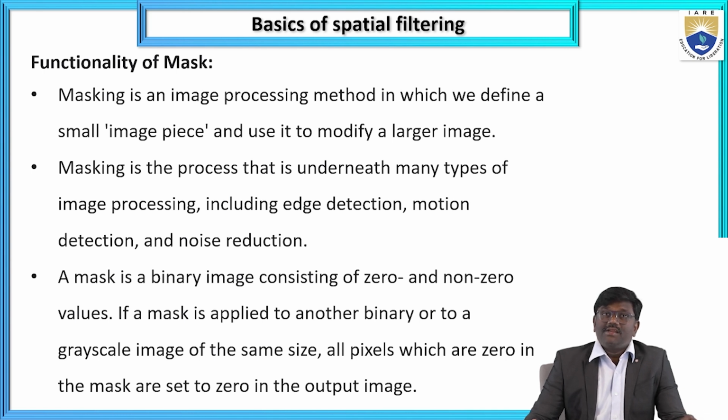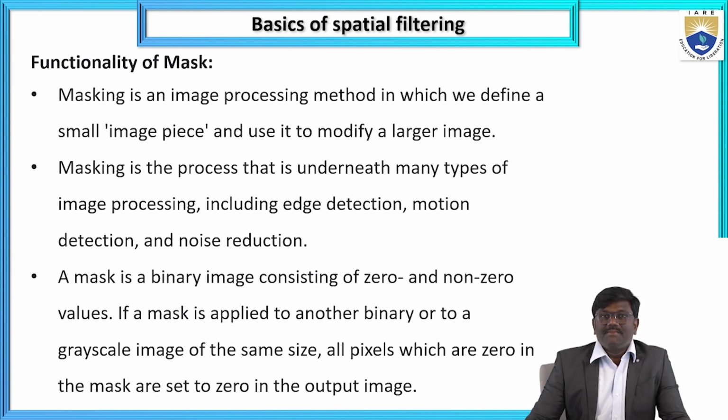But what is the functionality of the mask? Masking is an image processing method in which we define a small image piece and use it to modify a larger image. Masking is the process underneath many types of image processing, including edge detection, motion detection, and noise reduction.